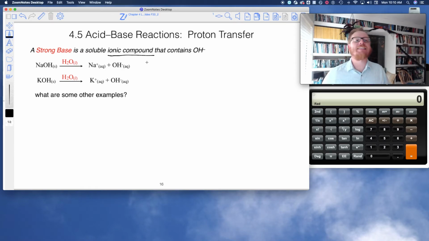The strong bases, however, are ionic compounds because look, sodium is a metal, potassium is a metal, okay? So it's a metal bonded with a nonmetal, so that means it has to be ionic. And so now if you look at these examples, sodium hydroxide or potassium hydroxide, they dissociate to give you hydroxide. This ion right here, I didn't introduce that in the other slide, but these ions right here are what we call spectators.